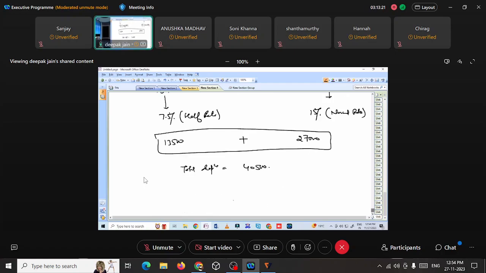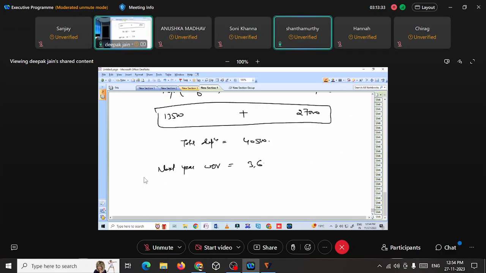Next year WDV would be 360 minus 40,500, that is 3,19,500. And what about short term capital gain under section 50?